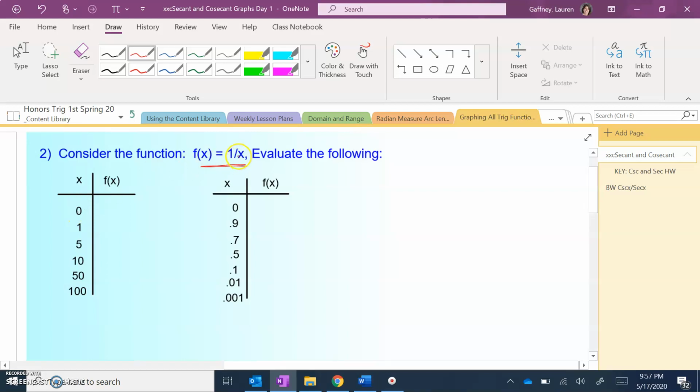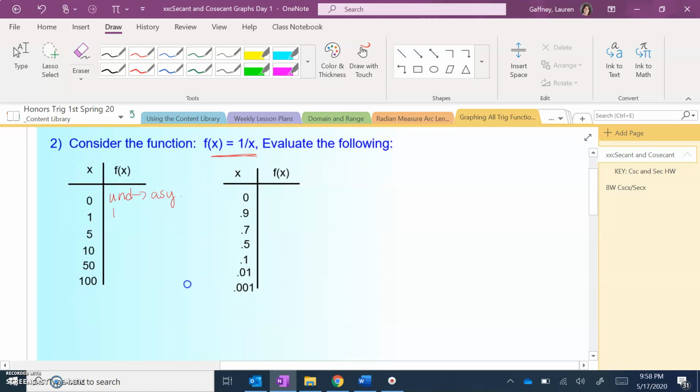If I were to put 0 into the reciprocal function, I would get something that's undefined. And if you think back to Algebra 2, that would have created an asymptote. Clearly, if I put in 1, I get 1. If I put in 5, I get 1/5, which is 0.2. Put in 10 in the denominator, I get 1/10, which is 0.1.